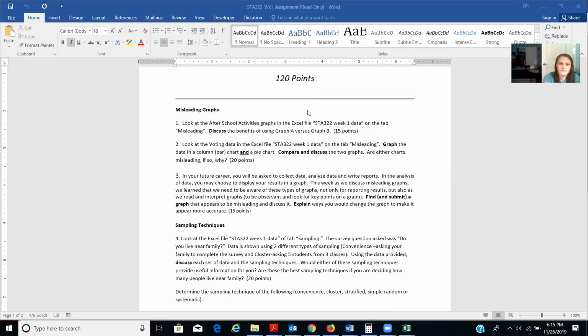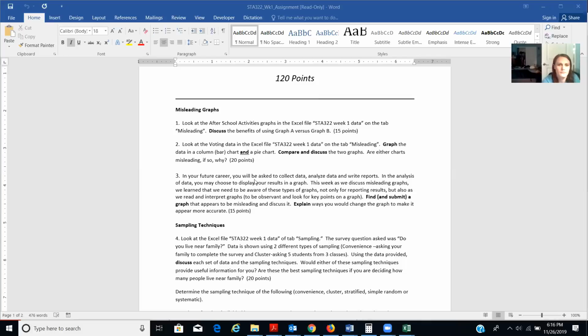So it will tell you to go to the spreadsheet and look at a short discussion on the benefits of the two ways of presenting the data. In this particular case there are a couple of sets of data, and you'll look at another one on some voting data.